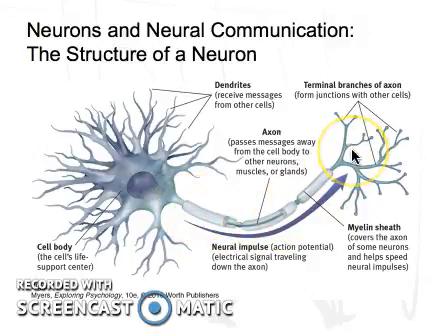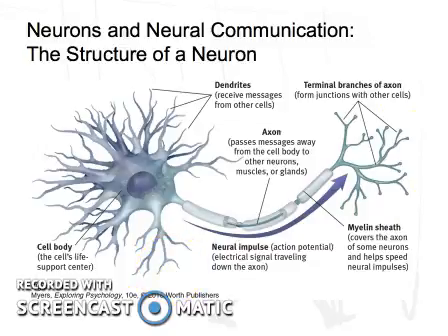That's just an electrical signal that travels down the axon. So the dendrite receives messages, passes them along through the axon, and then to the terminal branches that connect with other cells and can pass the message along to those cells as well.